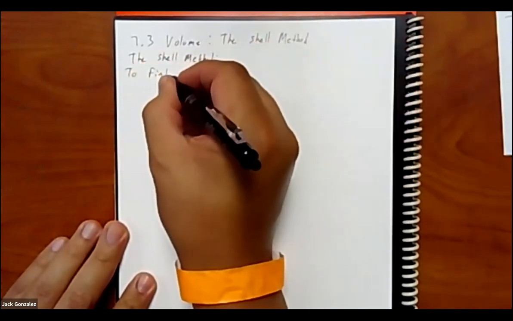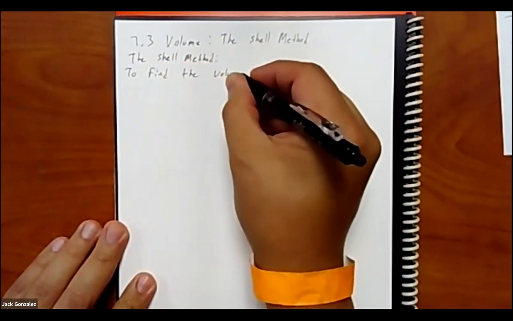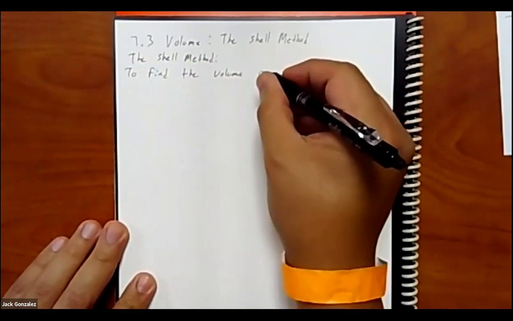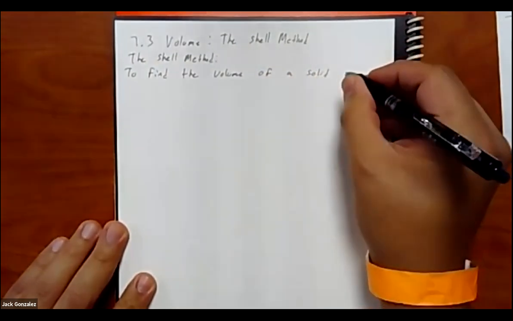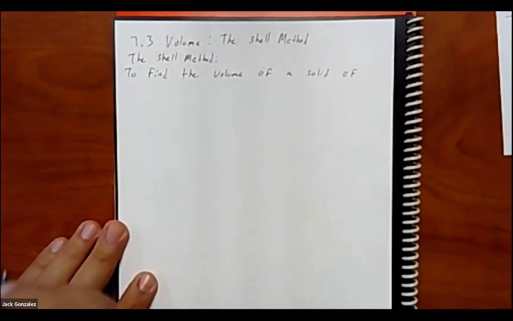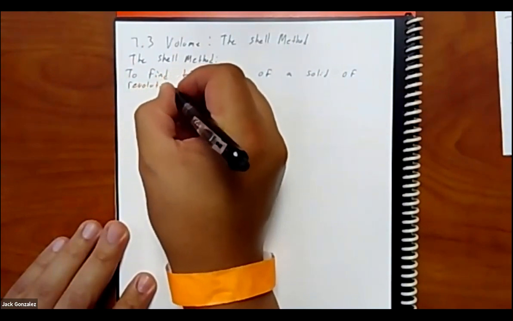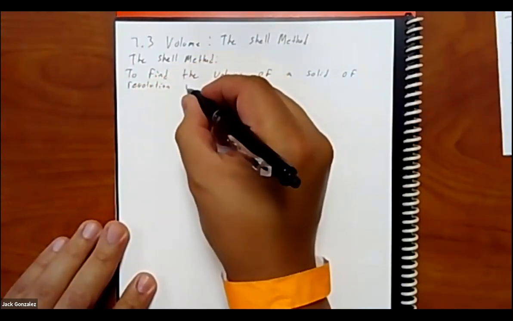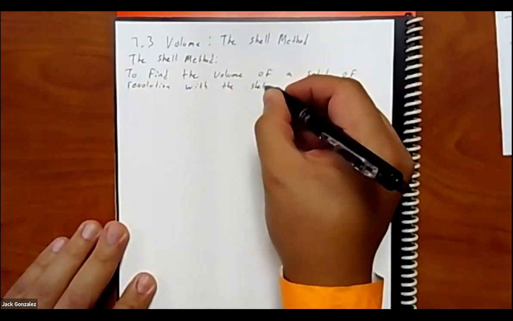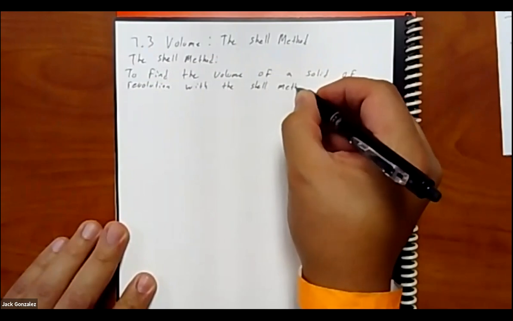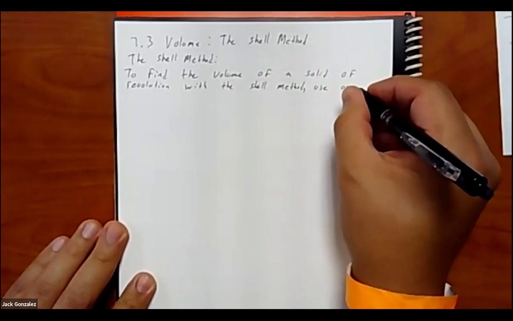To find the volume of a solid of revolution with the shell method, use one of these formulas.